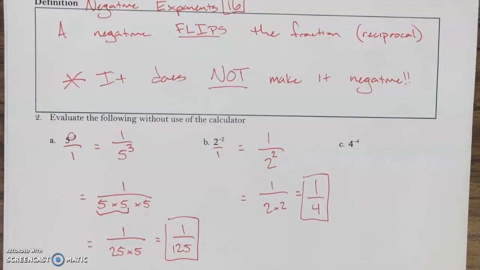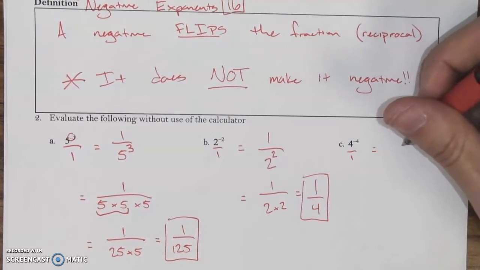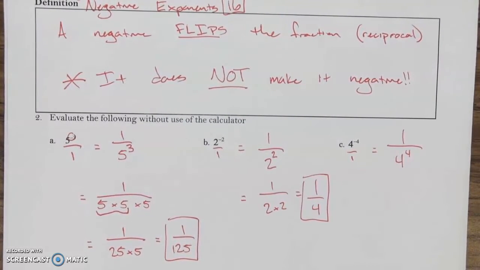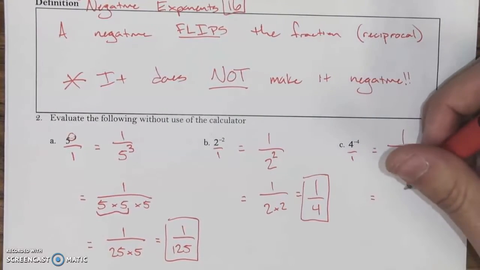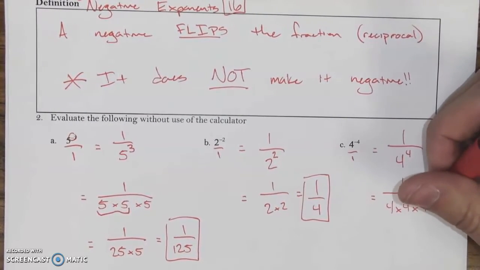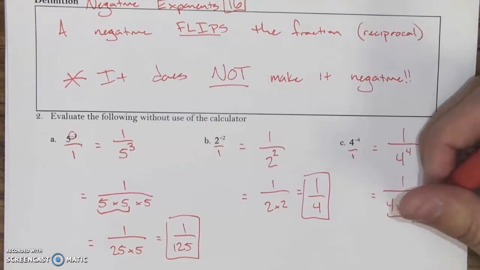Lastly, we have 4 to the negative 4. We put it over 1 and we flip the fraction. So we have 1 over 4 to the positive 4. 4 to the positive 4 means 4 times itself 4 times. 4 times 4 is 16.